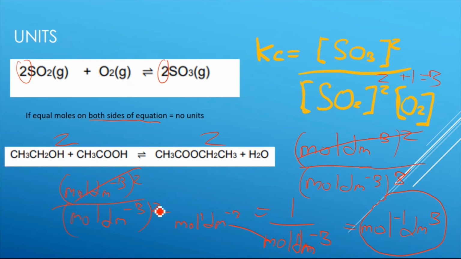So both of these cancel out, and we would just be left with 1. That's why we don't need any units. As soon as you see that the reactants and products have the same number of moles, equimolar, then you don't need to do any working. You just simply know that they will have no units.